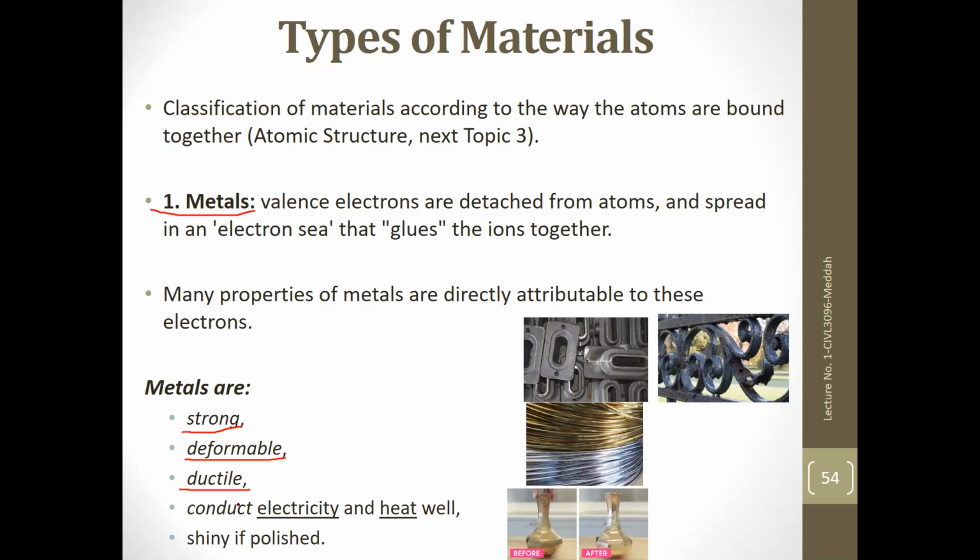Ductile materials show large plastic deformation before rupture, while brittle materials have very little or no plastic deformation before rupture. Anyway, we'll discuss ductility and brittleness in chapter 5 or 6, properties of materials.